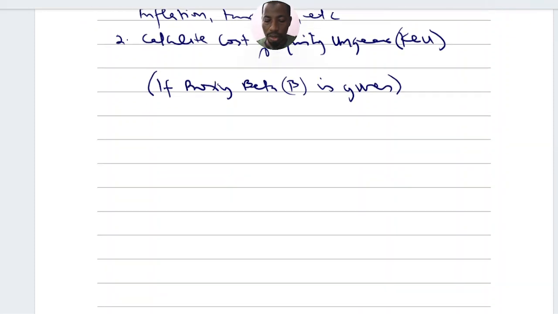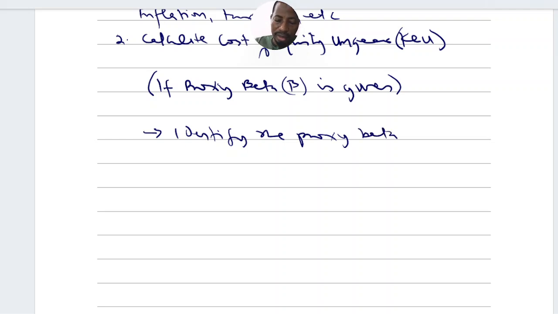Very simple. If you are given the proxy beta, there are 3 procedures you are supposed to carry out. The first procedure is to identify the proxy beta in the question. Step 2, ungear the beta if geared.